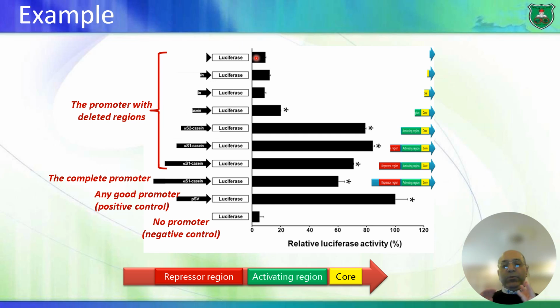Or we can place it inside cells, we can transfect cells, and put these cells under different conditions, again, in the presence of hormone or not, stress or not, nutrition or not, you name it. And we can measure how a specific promoter functions, how it behaves under different conditions, by measuring the amount of luciferase that is produced, which is represented by the amount of light that is produced as well.